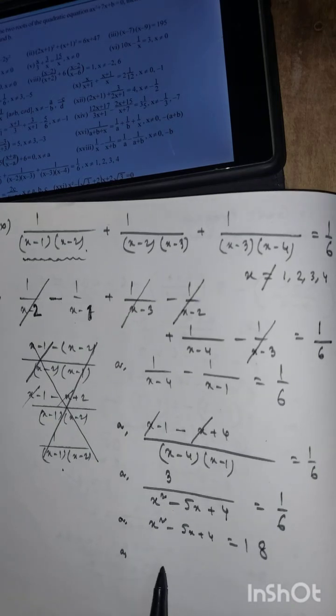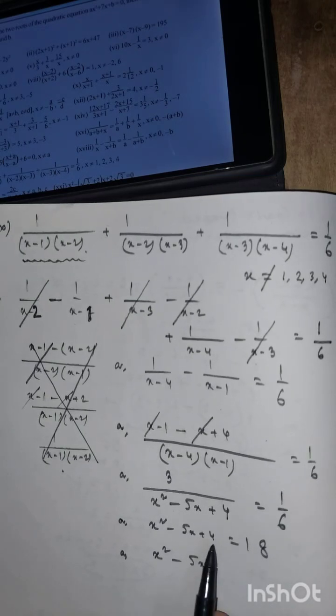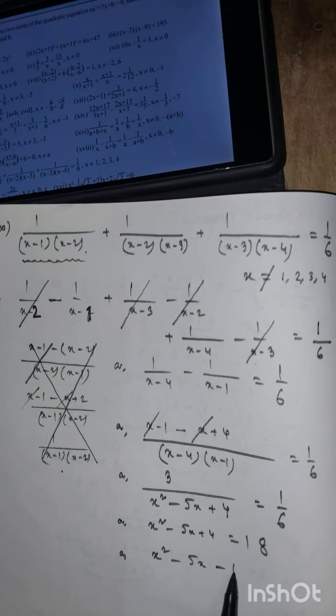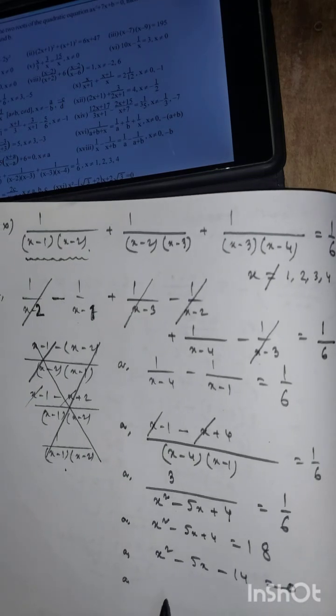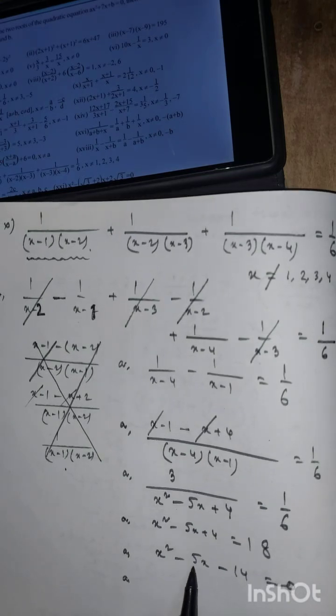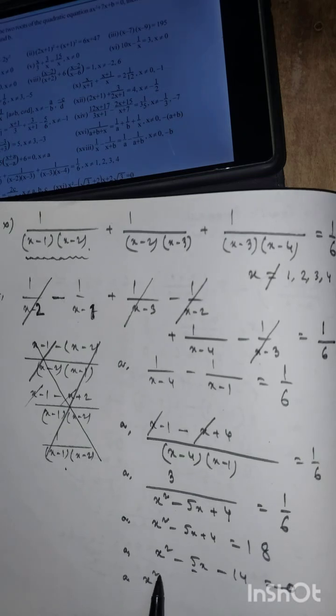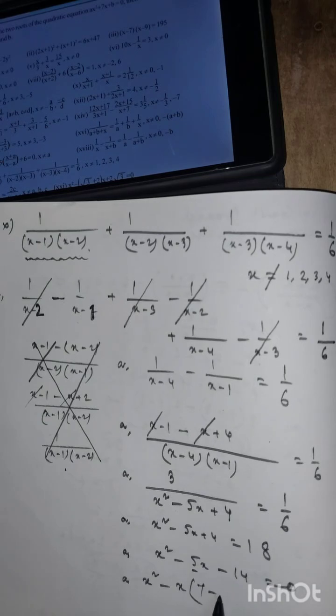Or x square minus 5x, if we take 18 to the left side, we get minus 14. We are breaking 5 as 7 minus 2.